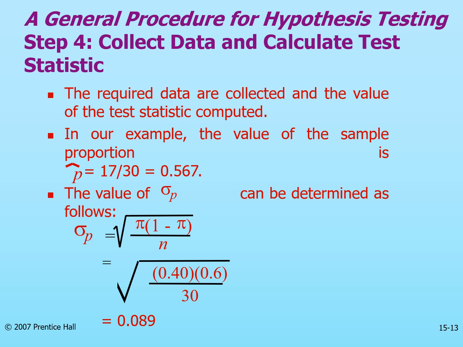Based on this, our conclusion of the research will follow. The procedure we have been using is to collect the data. The required data are collected and the value of the test statistic is computed. The value of the sample proportion is 17/30, so we can say 0.567.